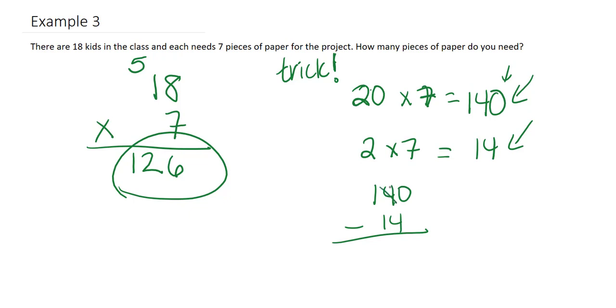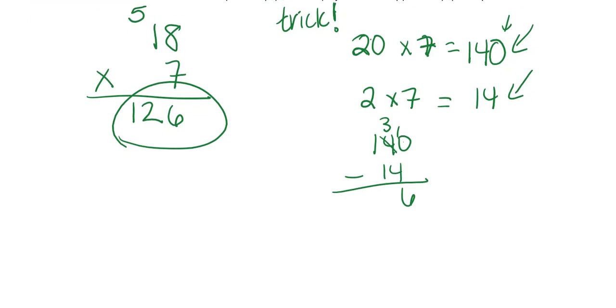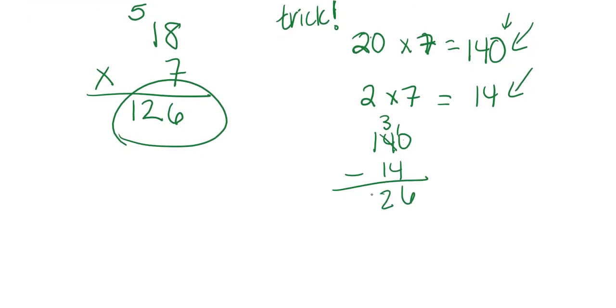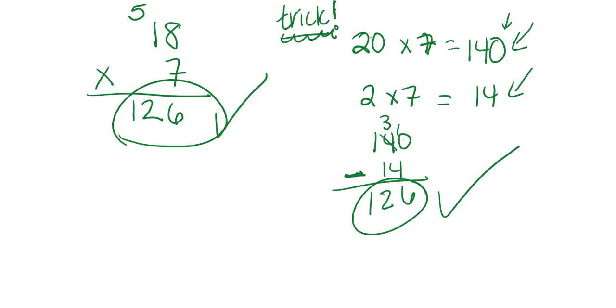If we borrow, 10 minus 4 is 6, 3 minus 1 is 2, and then we bring down the 1. And we get 126. So we can see that it checked out, because that's what we got here. So you can see that this trick of rounding 18 to 20 and then subtracting the 2 times 7 would have gotten us to the same answer.